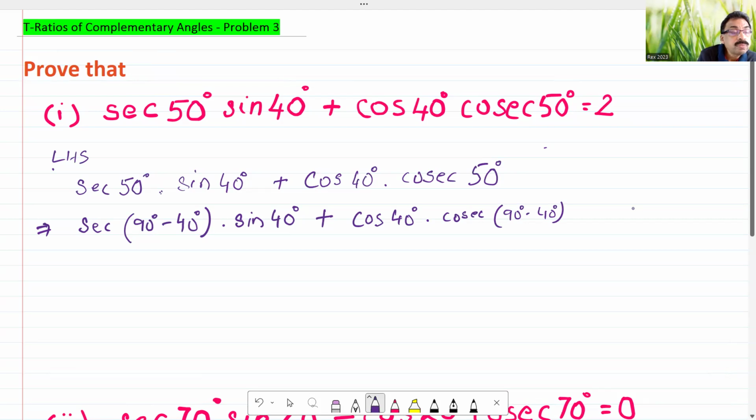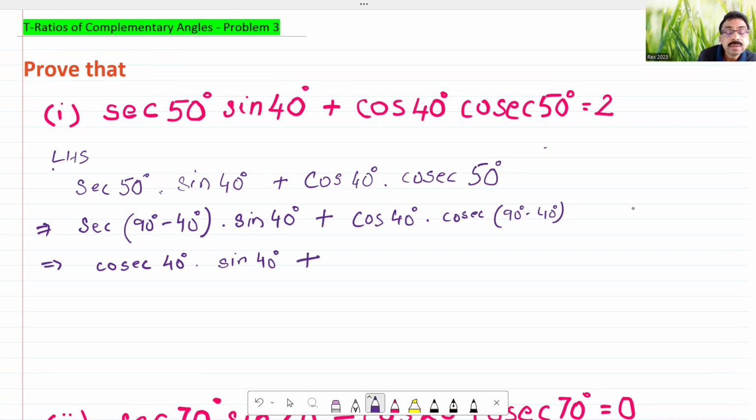Now this becomes sec 90 minus theta format, and we know the relation sec 90 minus theta is cosec theta. So cosec theta here is 40 degrees. So cosec 40 into, we'll keep sine 40 as it is.